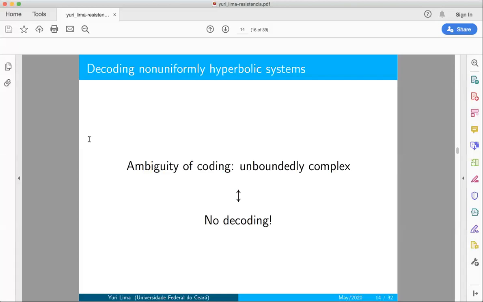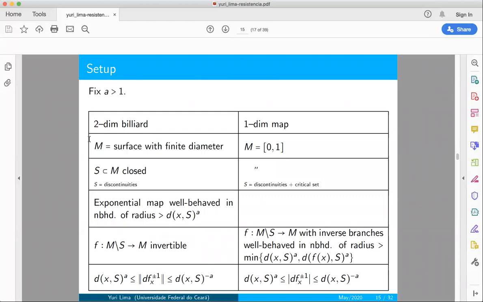All right, so now I will go to the setup. And before looking at this big table, the summary of this big table is two things. It's actually related to the two difficulties that I mentioned before. The first one is the possible degeneracy of the geometry as you approach small parts of the phase space. And the second one is the possible degeneracy of the derivative of the map, which can go either to infinity or to zero. This is basically the setup that we want to control in the two-dimensional situation.